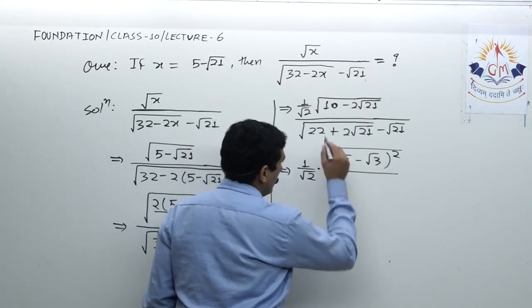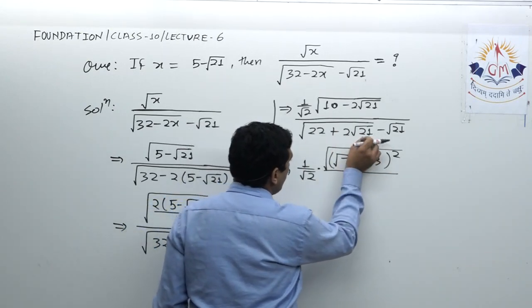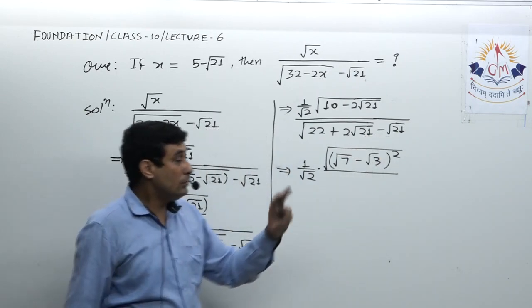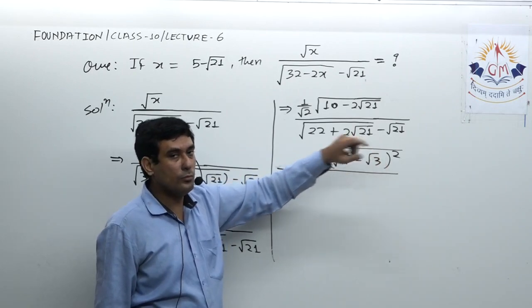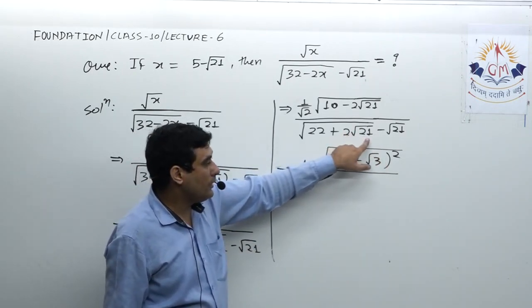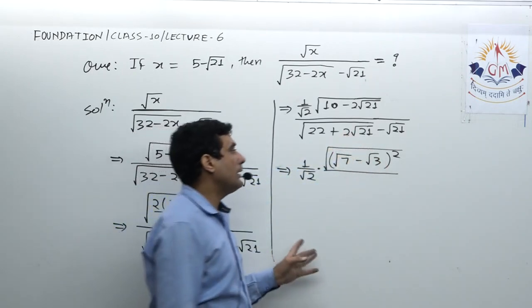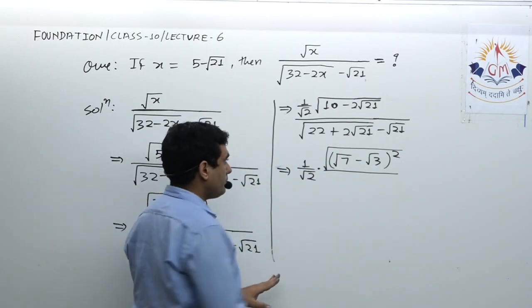Now this is the square root. In the denominator, again I have to think about two numbers whose product is 21 and sum is 22. So the numbers are 21 and 1.